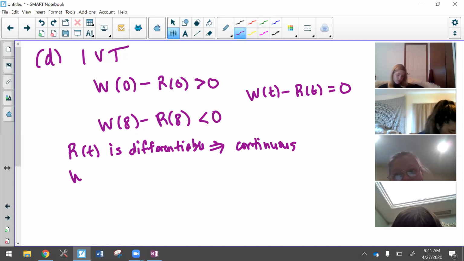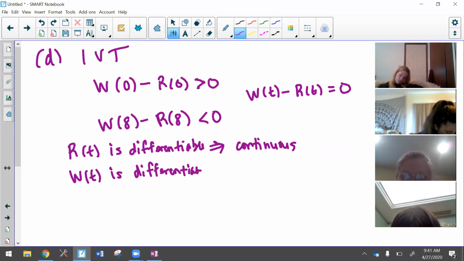If I just look at my function for w of t, that is also differentiable and continuous. Okay, it has nothing that's ever going to give me something funky like a 0 in the denominator.